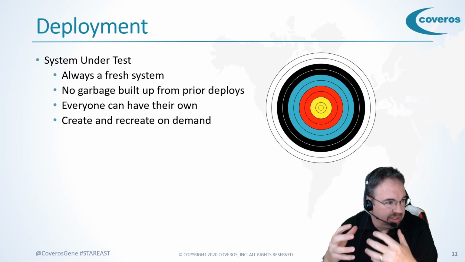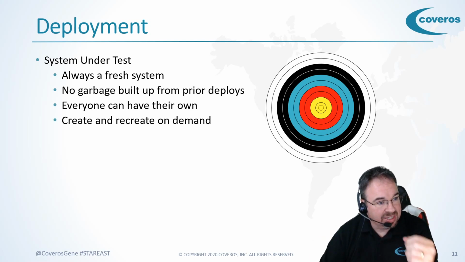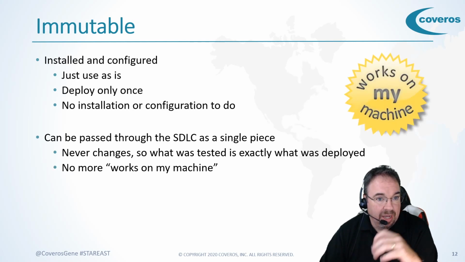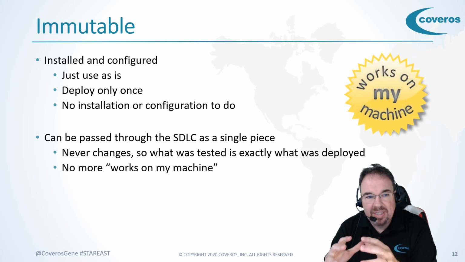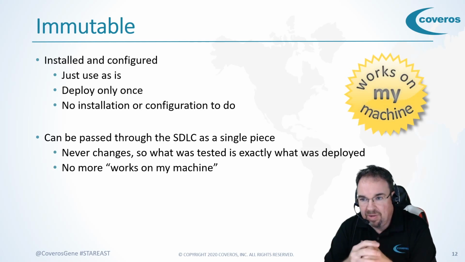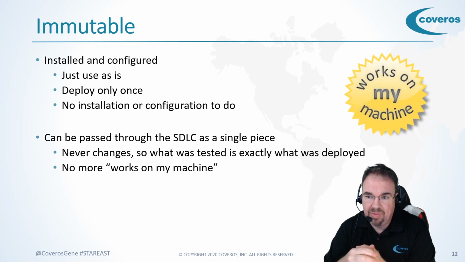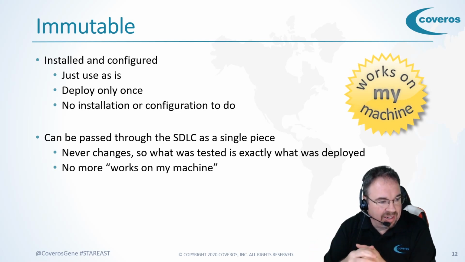The target system that you have is always going to be a fresh system that looks exactly like the system that you're going to deploy to production, which leads us to the next piece, which is called immutable, right? Systems using Docker, when we use Docker images and we carry those Docker images through our pipeline, through our build process, we install and configure them on the Docker container, and then we move that Docker container through.